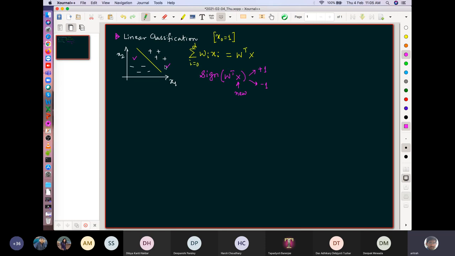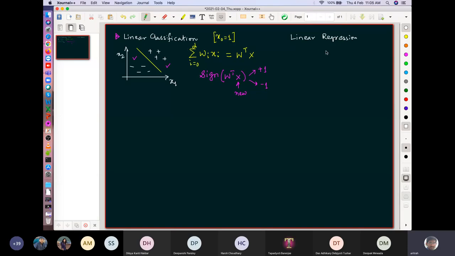We will see more on this, particularly the perceptron learning algorithm, in today's class. But the first algorithm that we went from linear classification into was linear regression, which we find in our day-to-day use, because many times we need to fit and find a value. The only difference between classification and regression is that at the end you need a class, whether it is plus 1 or minus 1, in classification.